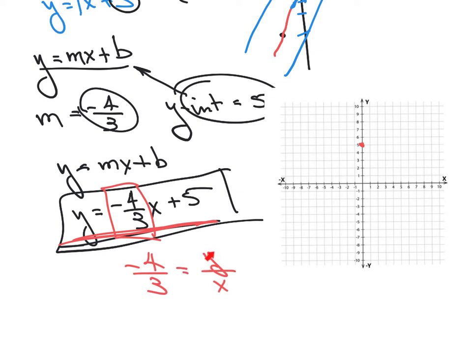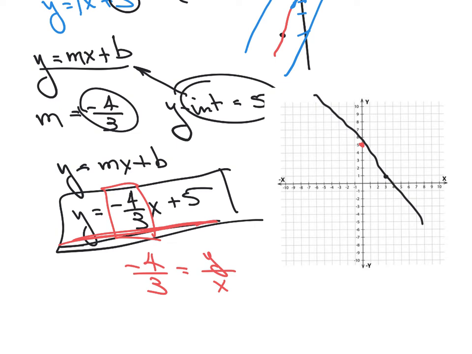So if this is y and this is x, from where it crosses the y-axis, we go down 4, because negative 4, and this is y, so we go down 4, and then over 3. 1, 2, 3, 4, 1, 2, 3. So that point right there is where we are going to put our dot. Then we get the line, and because it's going downhill, it is a negative.